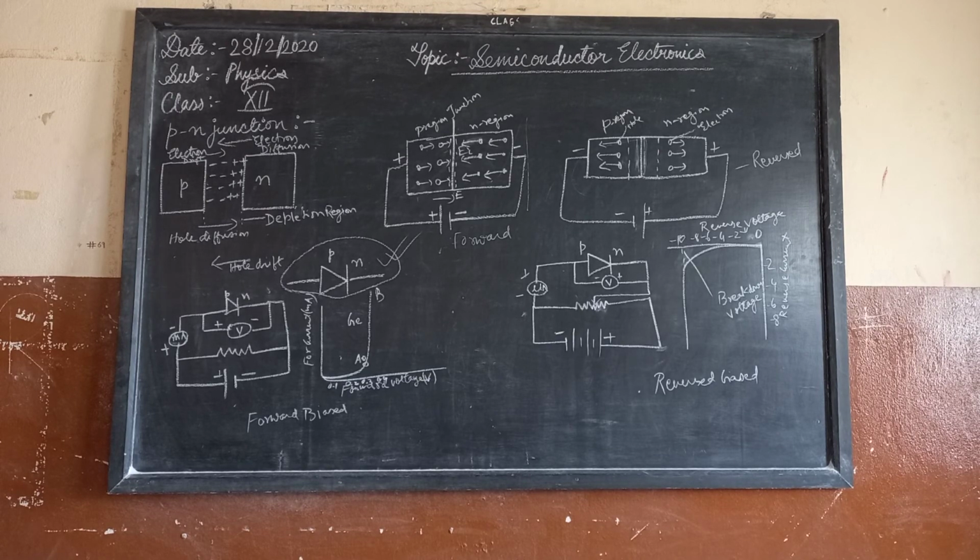The minority charge carriers are also propelled by the internal potential barrier, so they cross the junction, and therefore the small reverse current remains almost constant over a sufficiently long range of reverse bias. This reverse current is voltage independent up to a certain voltage known as the breakdown voltage, and this current is called the reverse saturation current itself.